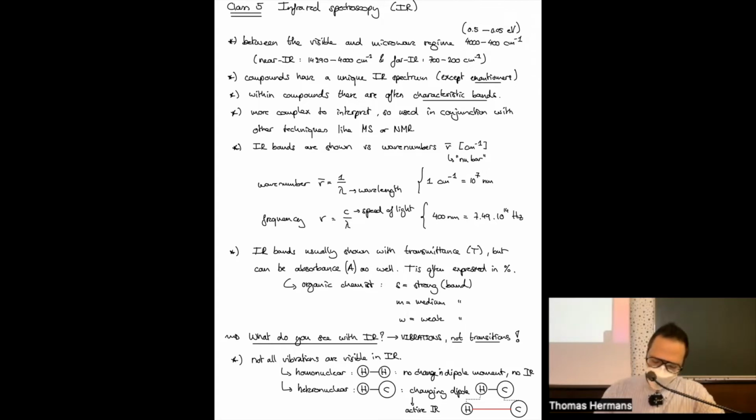And then, infrared bands are usually shown in transmittance, T, but can also be absorbance, A. For UV-vis, they often show transmittance expressed in percentage, right?